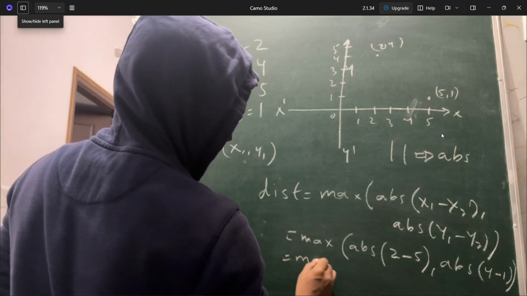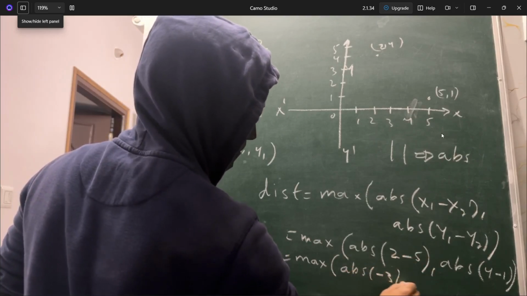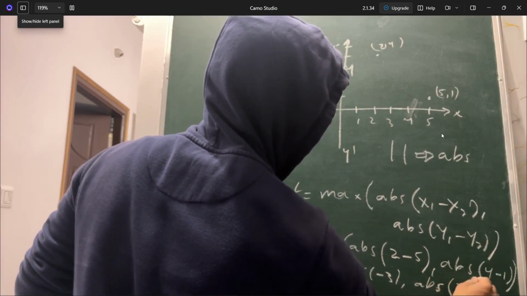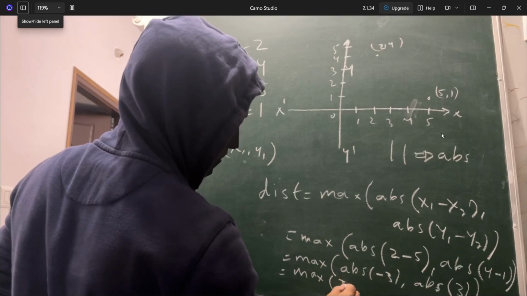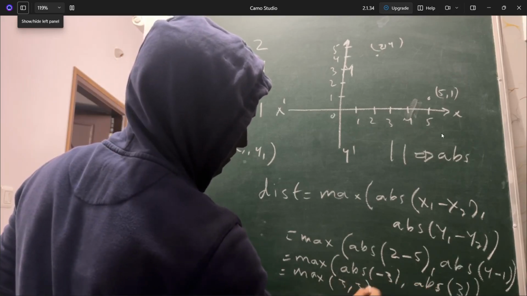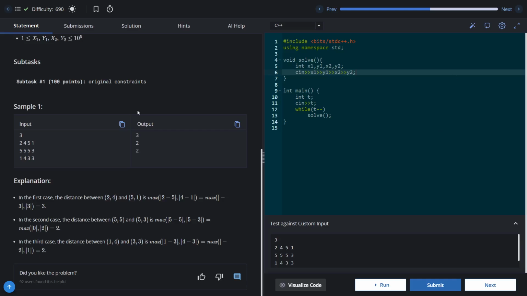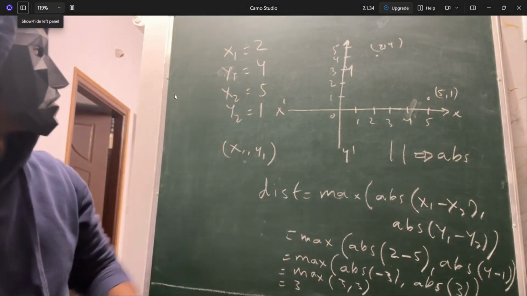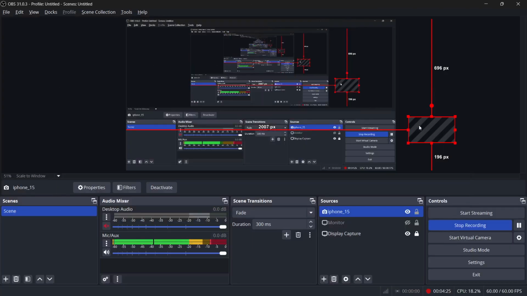This can be written as max of absolute of minus 3 and absolute of 3. Absolute of minus 3 is 3, and absolute of 3 is 3, so its answer is 3. As you can see, its answer is 3. So it is an implementation problem only. Basically you'll have to find the distance using this formula as given in the question.